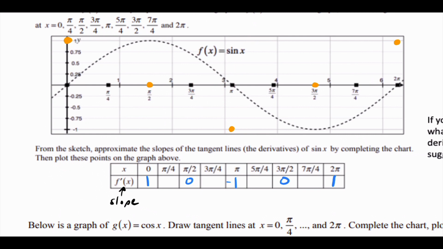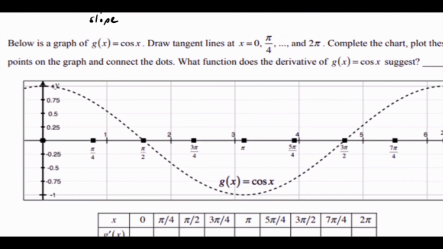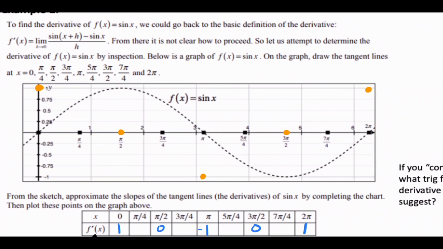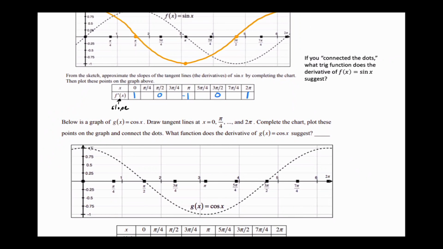If I were to connect those orange dots, what would it look like? Wouldn't it look like that guy down there? That orange guy looks exactly like g of x down here, right?